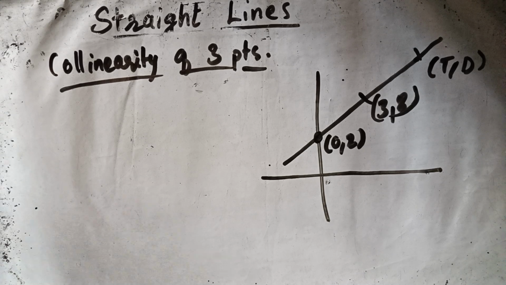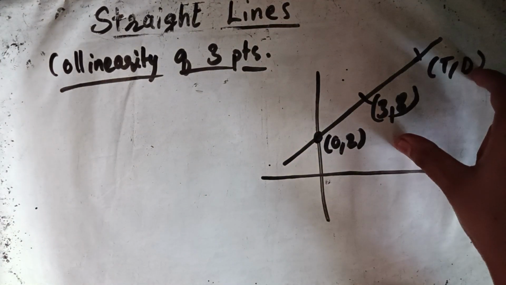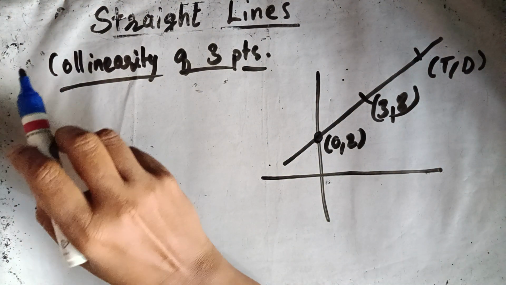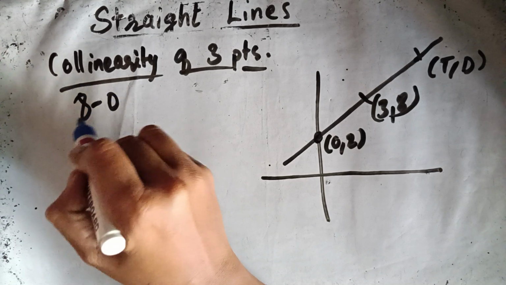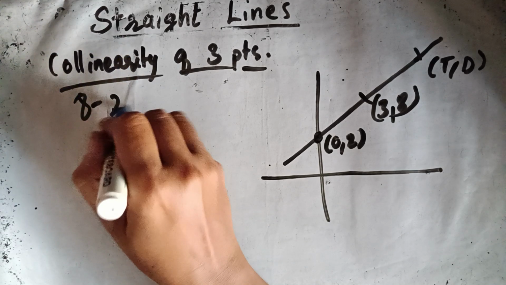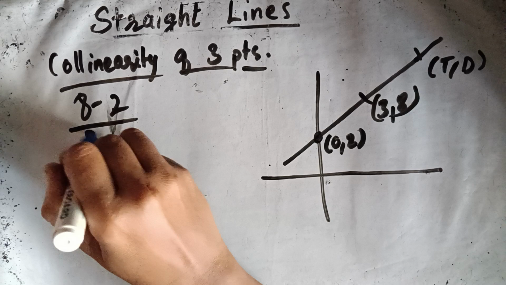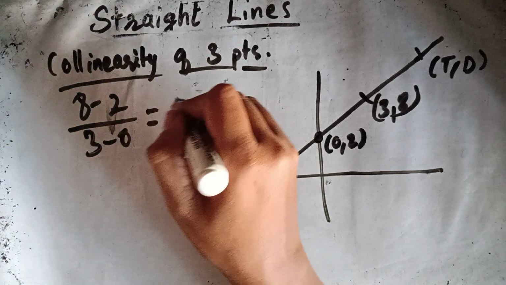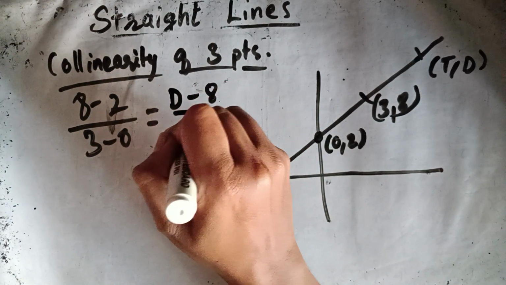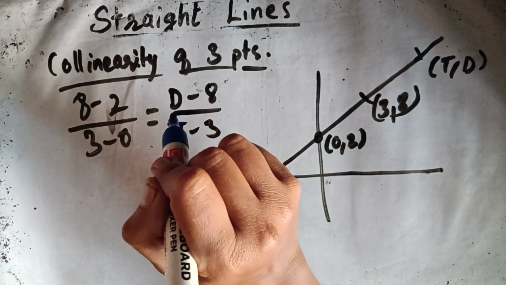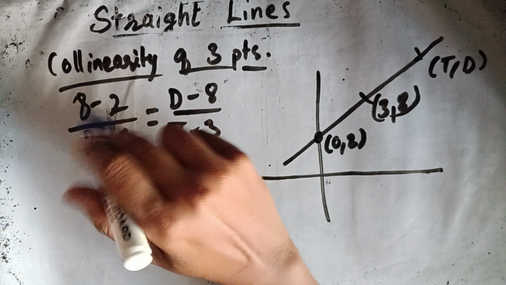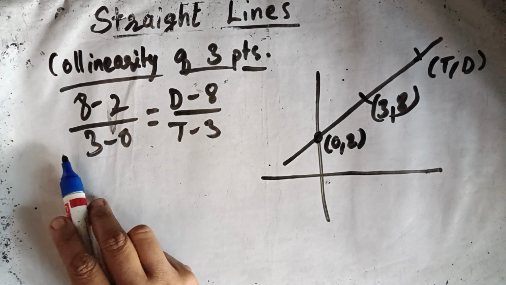First of all, it is a straight line and it is divided into two parts, so you have to compare the slope. Slope of this equal to slope of this. So the slope of the first line is 8 minus 2 upon 3 minus 0, and the other is D minus 8 upon T minus 3. If you multiply, you will get one equation.